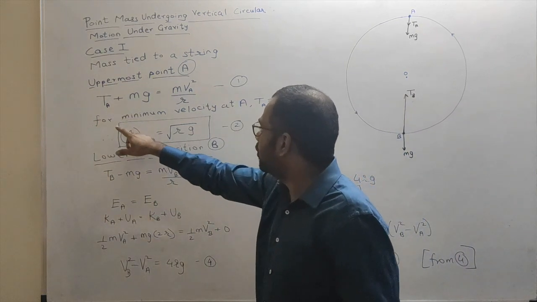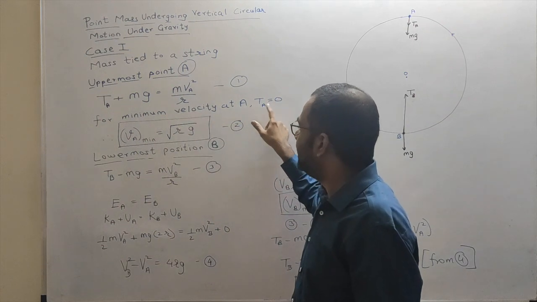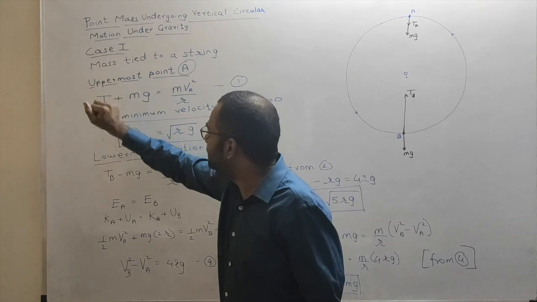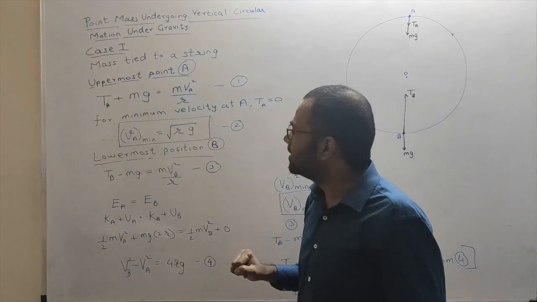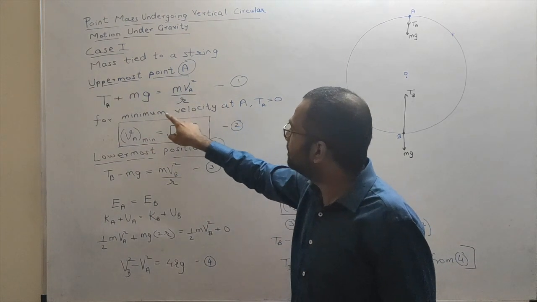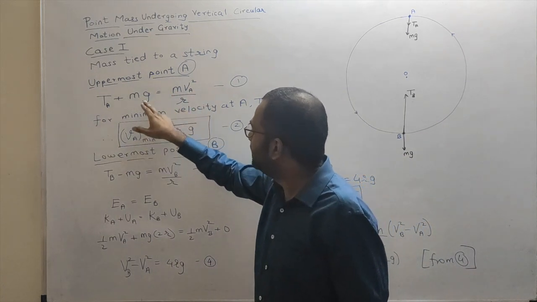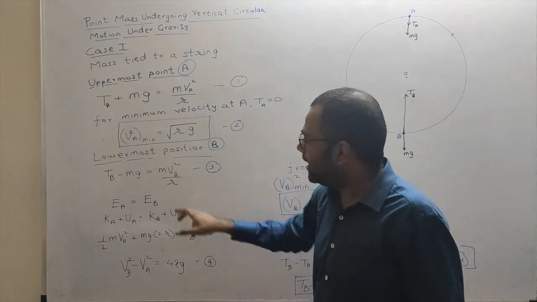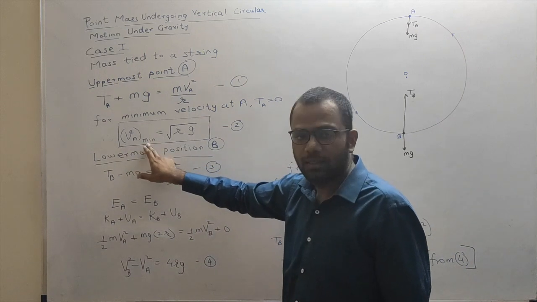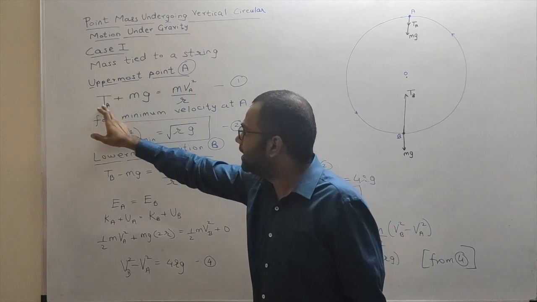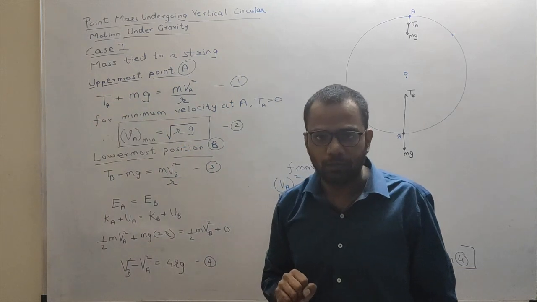So for minimum velocity at A, TA should be equal to 0. If I put TA as 0, this will go away. m and m will get cancelled. VA square will be nothing but Rg. Taking square root on both sides, it will be square root of Rg. Here I should write VA minimum, because I am getting this equation, square root of Rg, since the tension in the string is taken as 0.